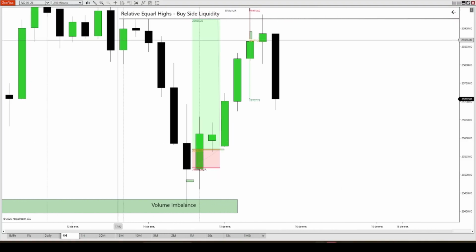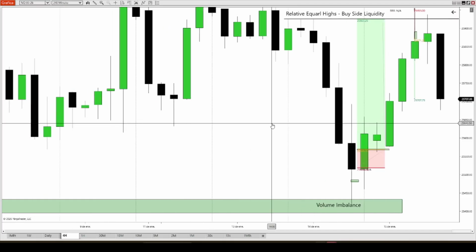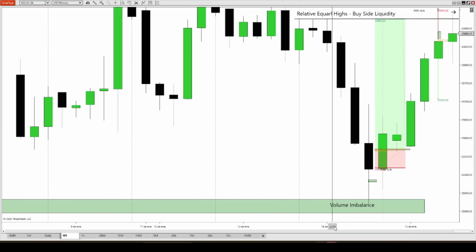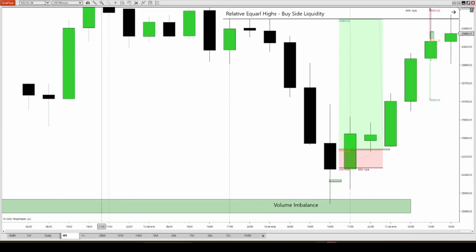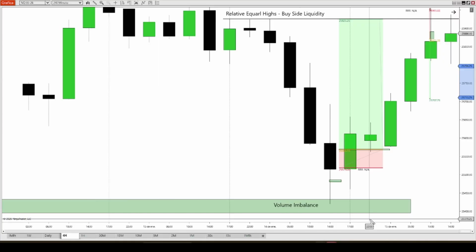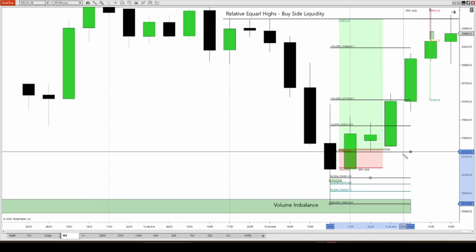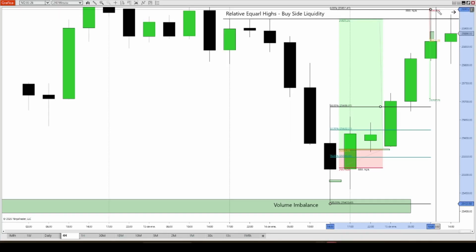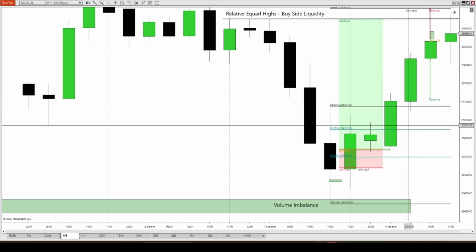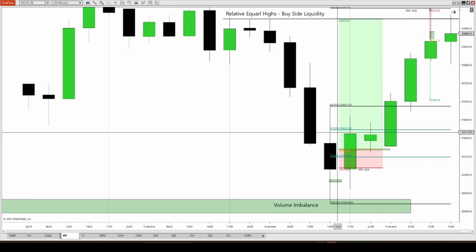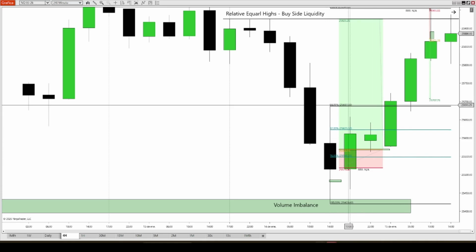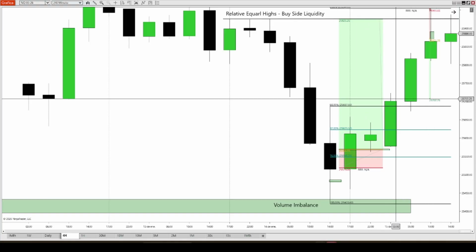So as you can see there, we have a very beautiful big range. We measure the range from low to high, and this is your optimal trade entry, and as you can see, this is your equilibrium. At equilibrium we can see this PD array.